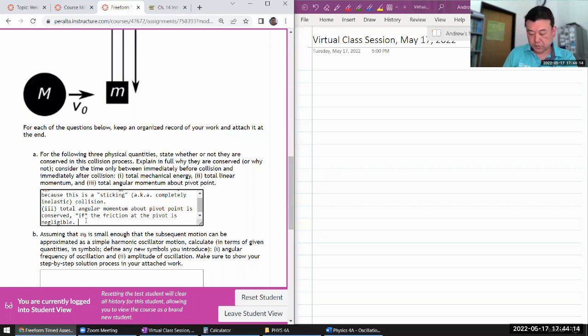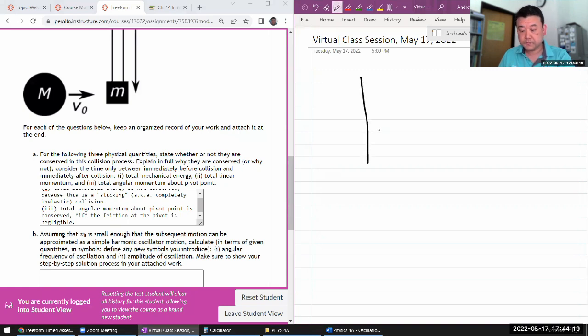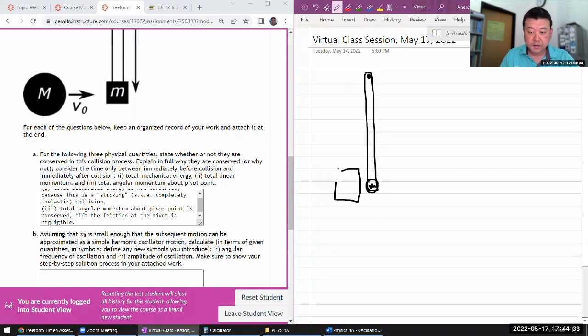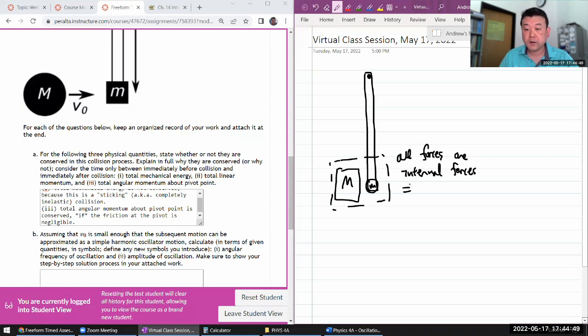So I'm considering this picture here: a rod supported with a pivot here, and I have a mass here, another mass coming in and colliding. And as these two things collide, all the forces are internal forces, which means there are only internal torques.